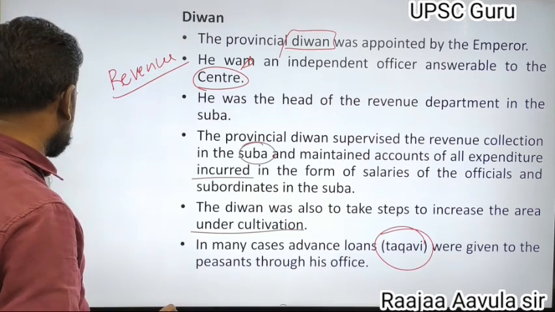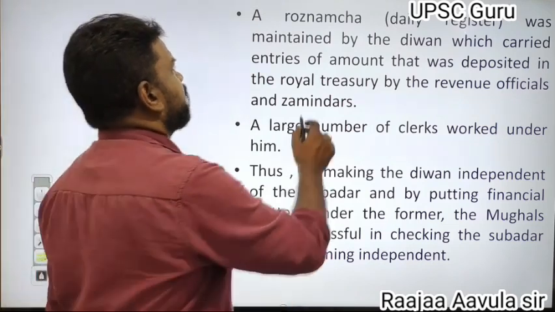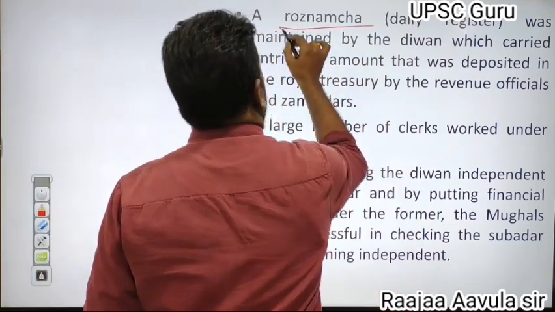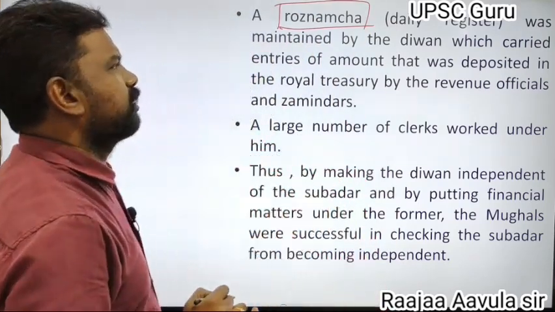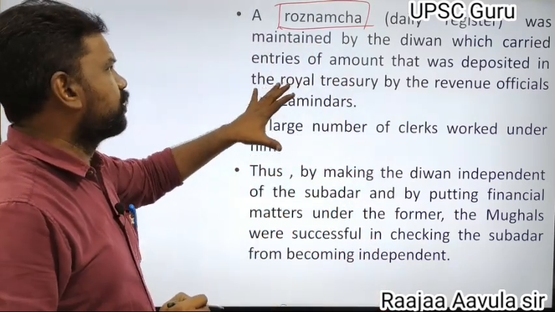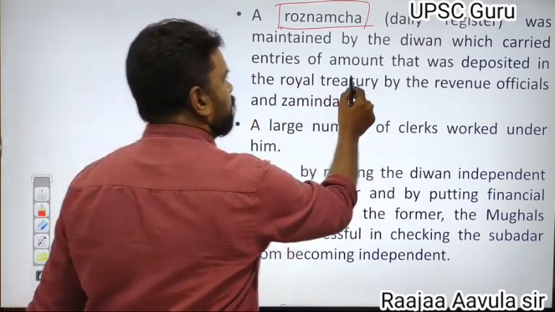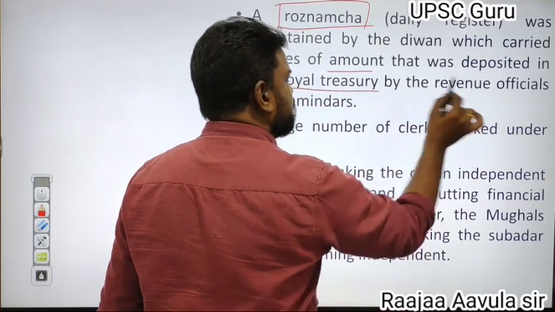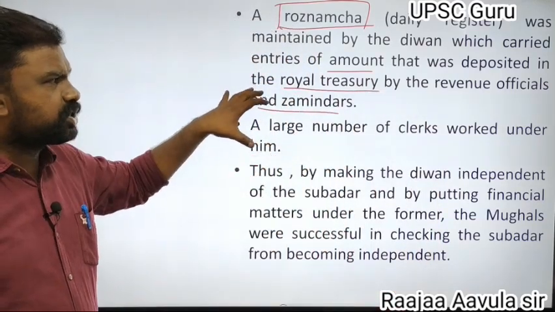The Roznamcha, the daily register, was maintained by the Diwan, which carried entries of the amounts deposited in the royal treasury by the revenue officers and Zamindars.